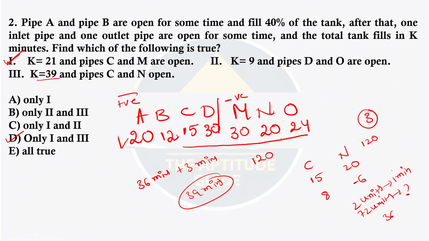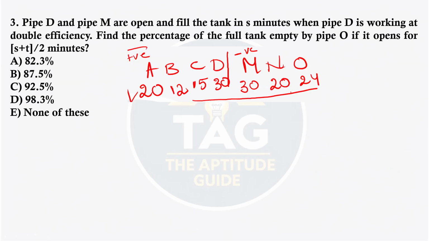Let us look at the third question now. Pipe D and pipe M are open and fill the tank in S minutes. Okay, D is a filling pipe, M is an outlet pipe. D can do it in 30, M can do it in 30.